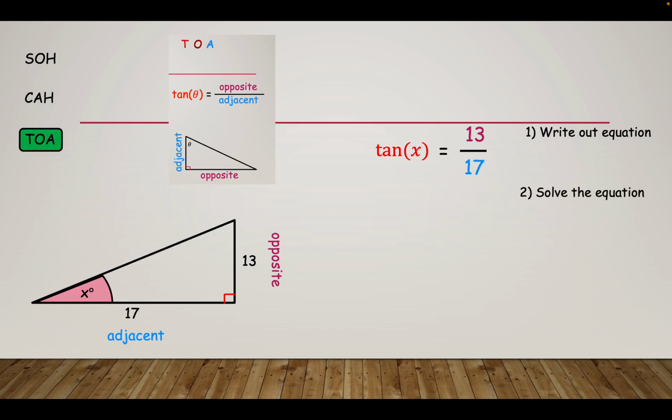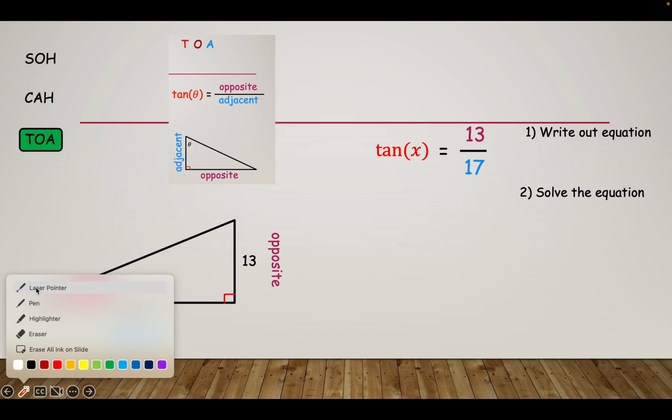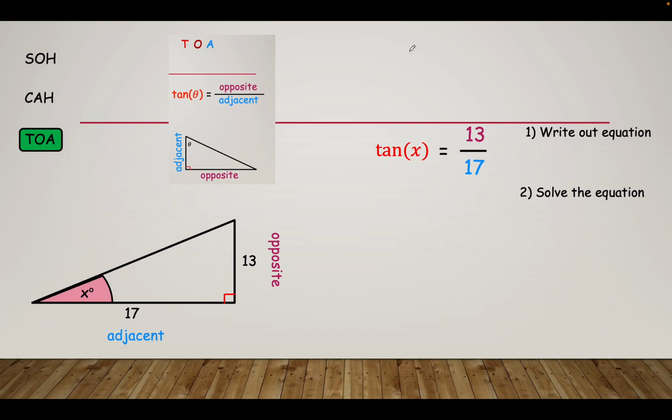And now we're at a point where we need to solve the equation. Just as if we're solving the equation 3x equals 9, we're going to divide by 3. The opposite of multiplying by 3 is to divide by 3, where the 3's cancel.